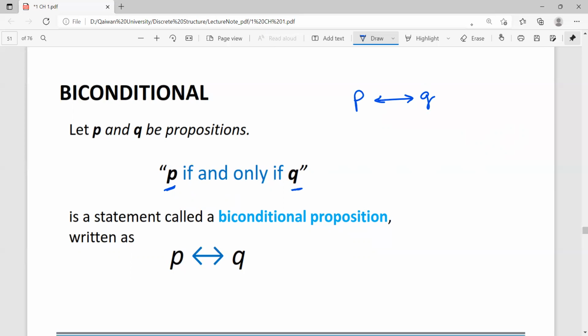I mean, both are true or both are false. Then it's true. So true if and only if true is true. Then false if and only if false is true. All the other cases are false.